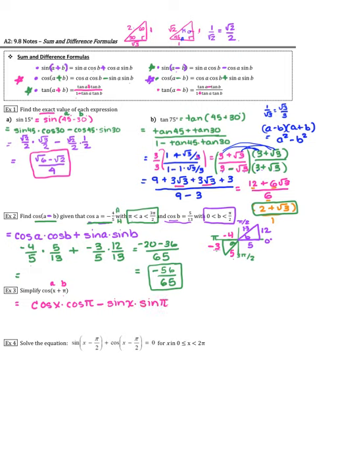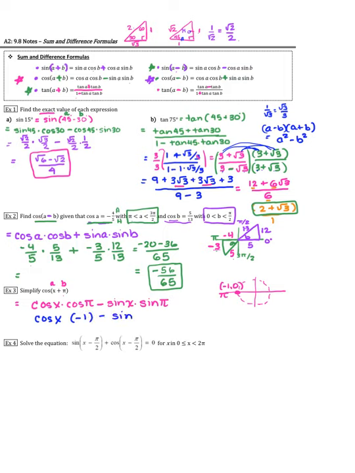Now it's going to be helpful if you have your unit circle, but let me go ahead and remind you, at pi, if I had a unit circle here, this coordinate is (-1, 0). So remember, cosine goes with the x, sine goes with the y. So cosine of x is just cosine x, can't do anything about that. Cosine of pi is the x value, so that's a -1.